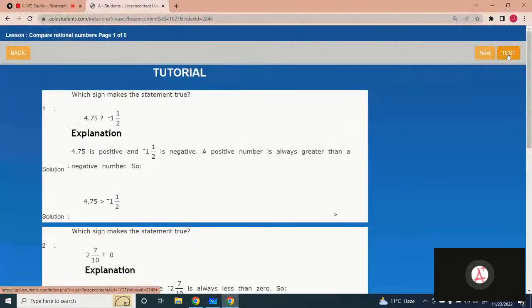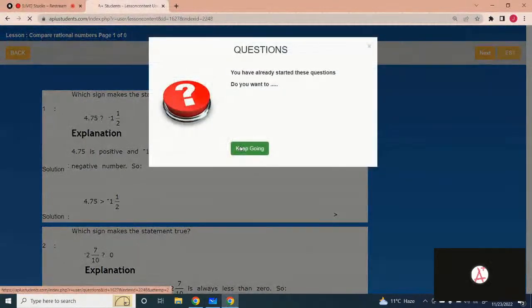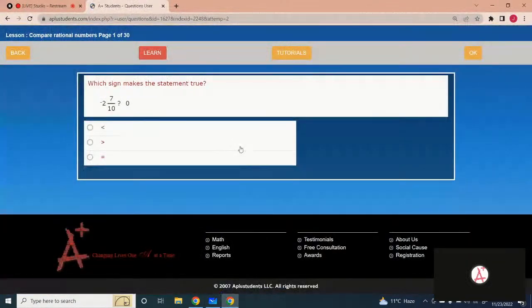Okay, let's start with the test. Negative 2 whole 7 by 10 is greater than 0 or less than 0? Which sign makes the statement true? Negative numbers are always smaller than 0.